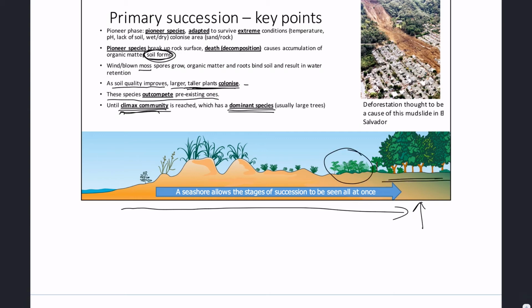If you came back 2,000 years ago, you might have seen these guys in this particular area. So looking at the distribution of plant species in this direction in space allows you to get an idea of the process of succession which happened in one location over time. That's right.